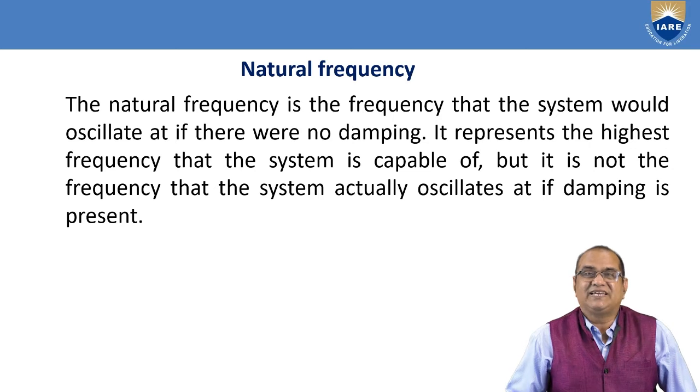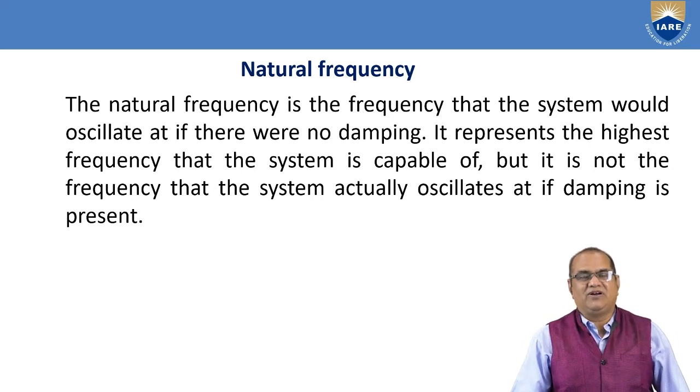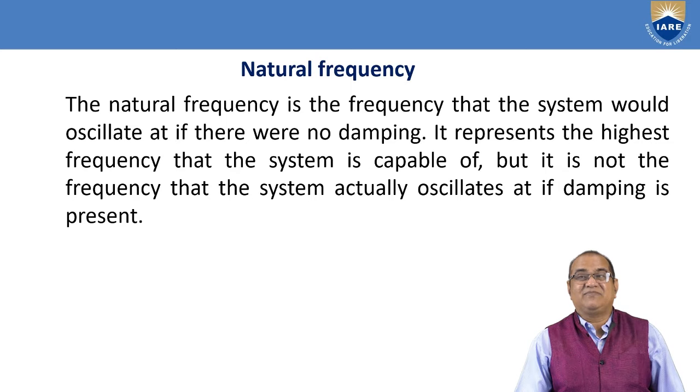Natural frequency. The natural frequency is when there is no damping at all, a zero damping. The natural frequency is the frequency that the system would oscillate at if there were no damping. It represents the highest frequency that the system is capable of, but it is not the frequency that the system actually oscillates at if damping is present.